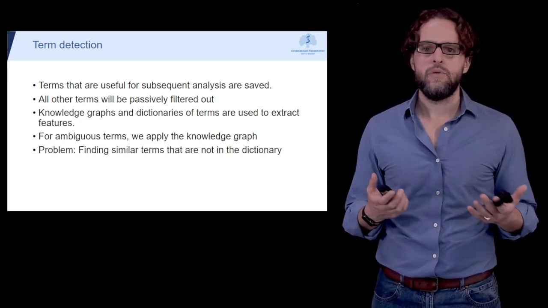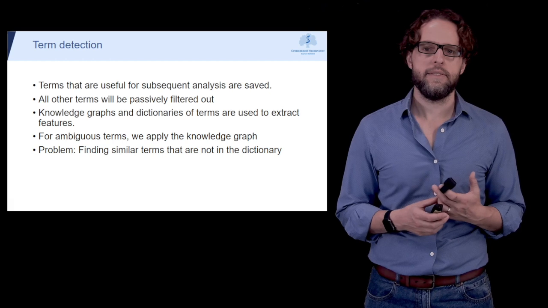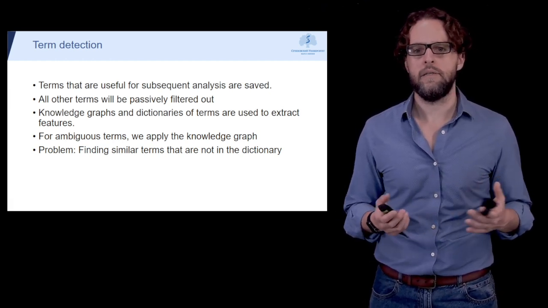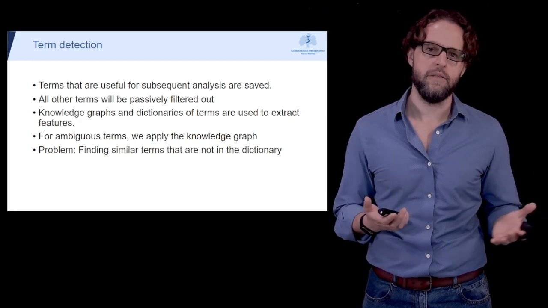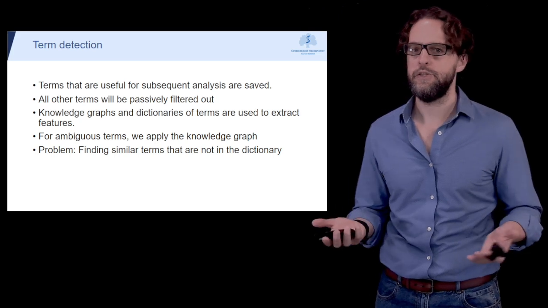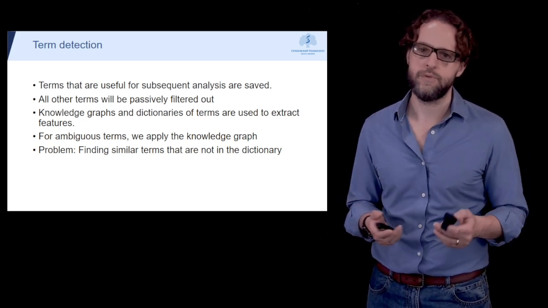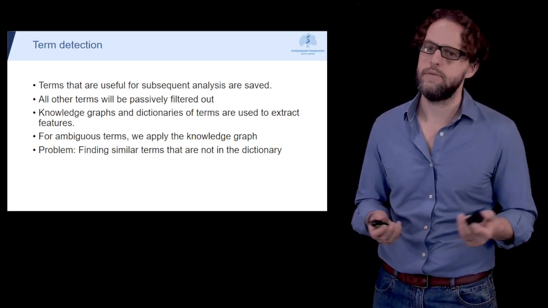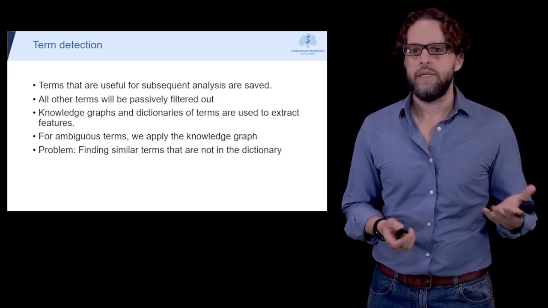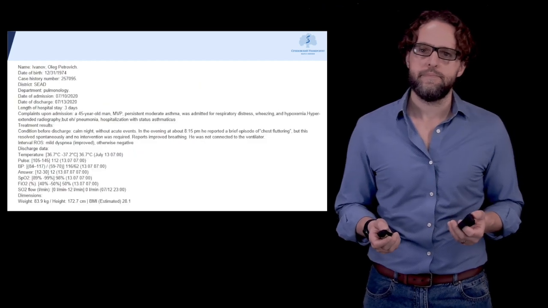And one more challenge in text processing will be to find similar terms that are not in our dictionary. So we could describe a similar situation or phrases in different terms, and we'll need to have an additional search to find them in this text.